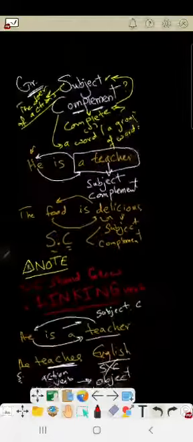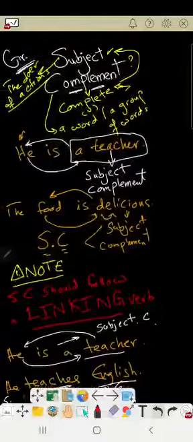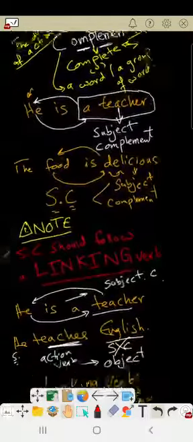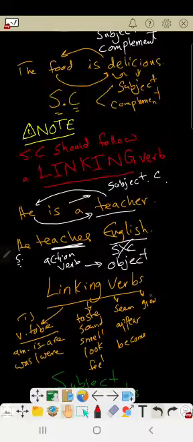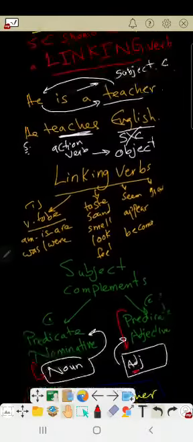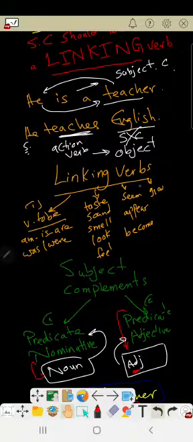We focused on the meaning of subject complement. It completes the meaning of the subject, because the subject without this word or this group of words is going to be meaningless. And we said that they have to follow linking verbs. They cannot follow action verbs, because what follows an action verb is an object. And we said that this is the list of linking verbs that you need to study.